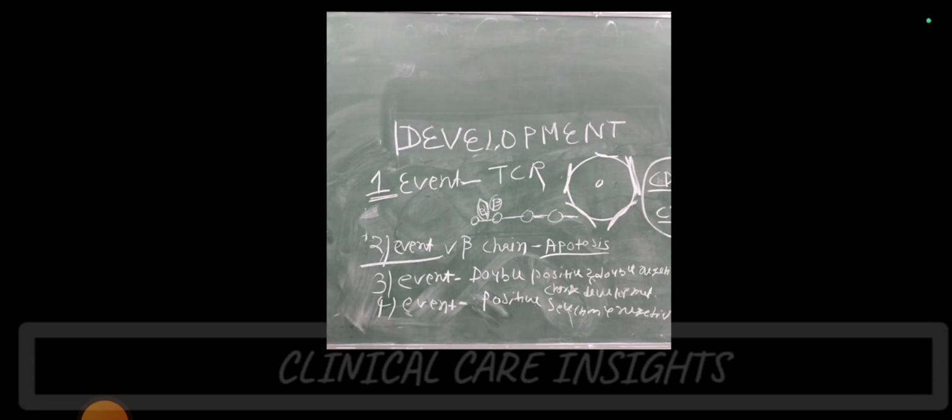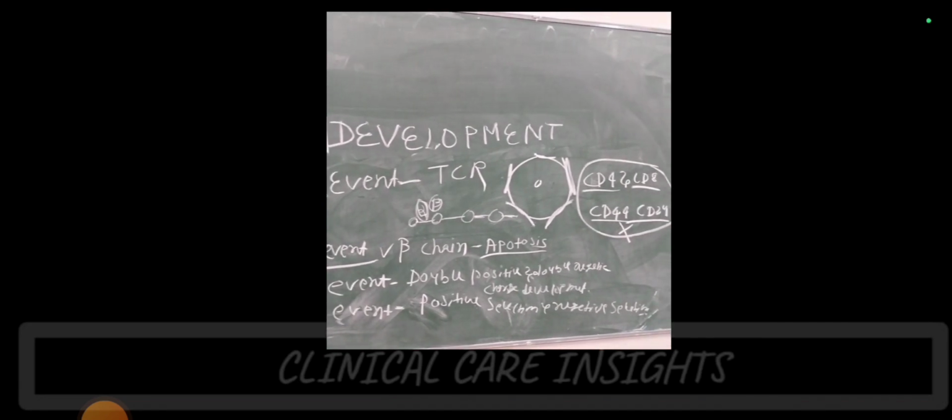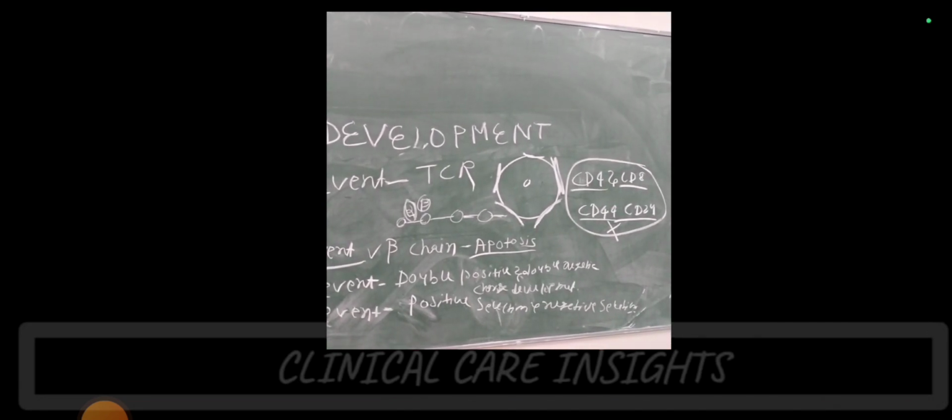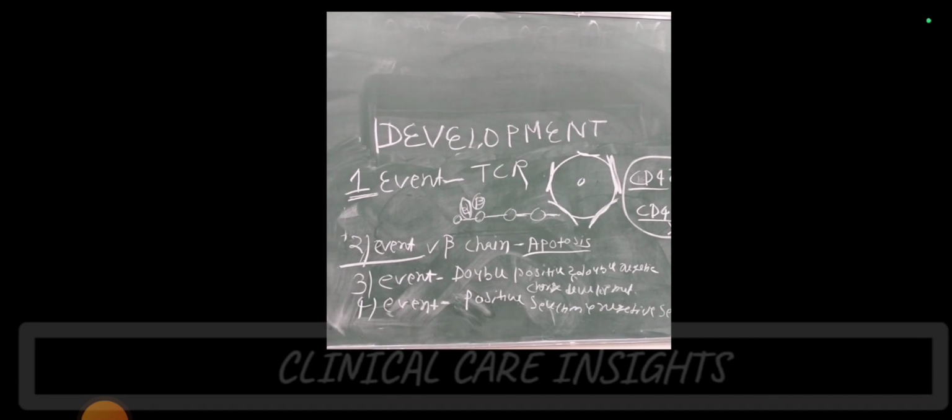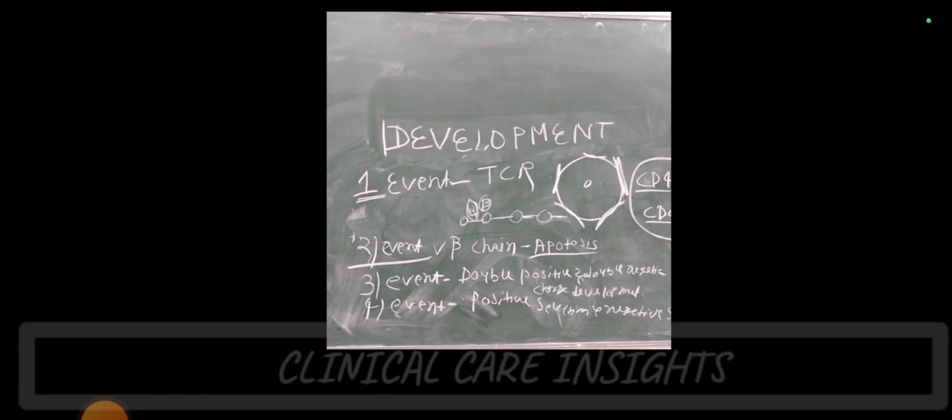Now the final selection. The final selection is marked by the fifth event, in which there is only single positive cell selection. In this, they express only the molecules on their surface, either CD4 or CD8.